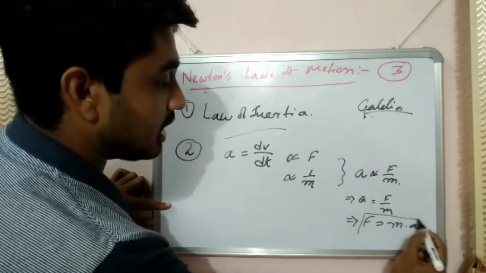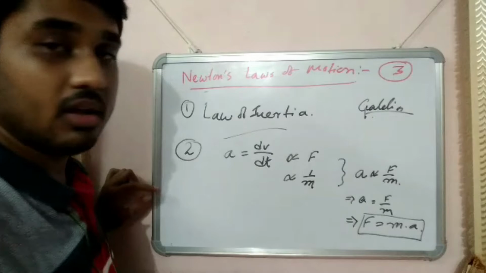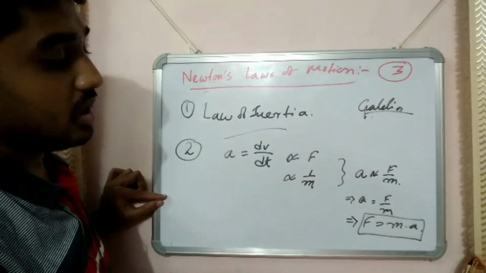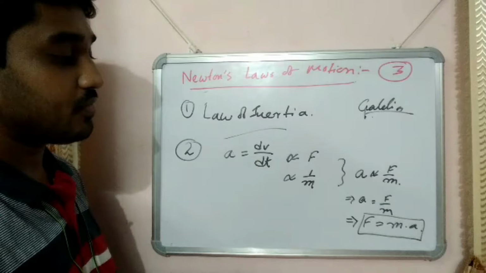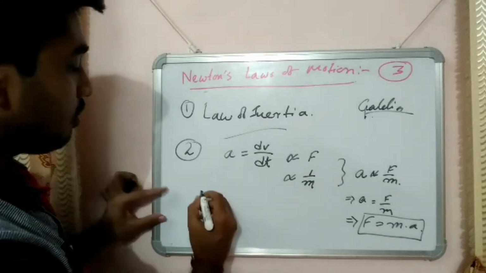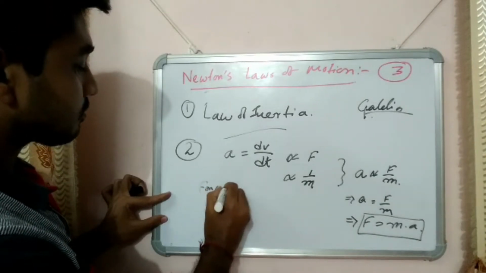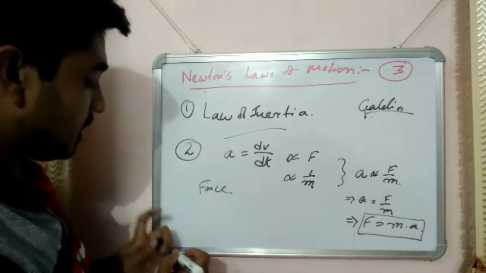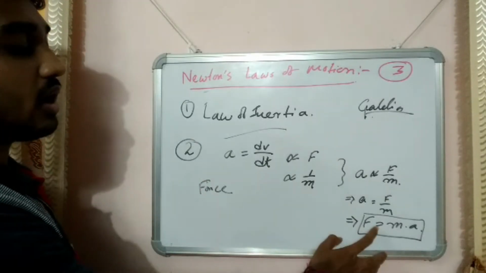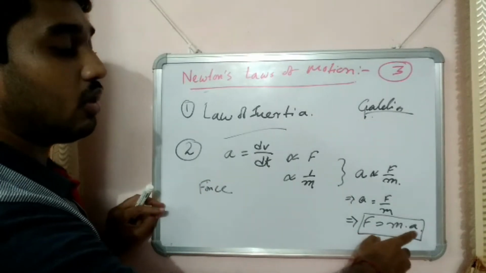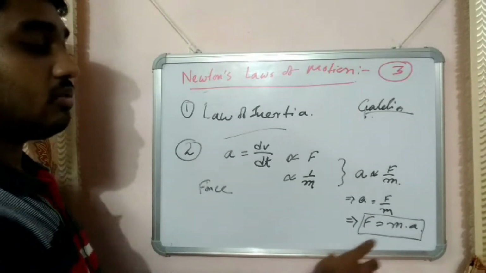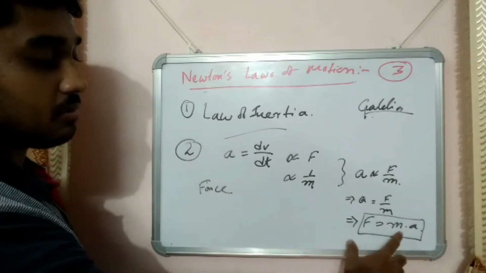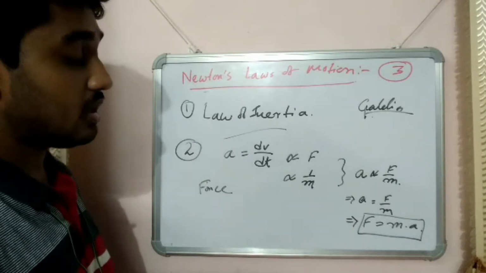You can also say that the force on a body is equal to the product of the mass and the acceleration of the body. So this defines the force acting on a body, or the acceleration it gets for a fixed, constant mass.